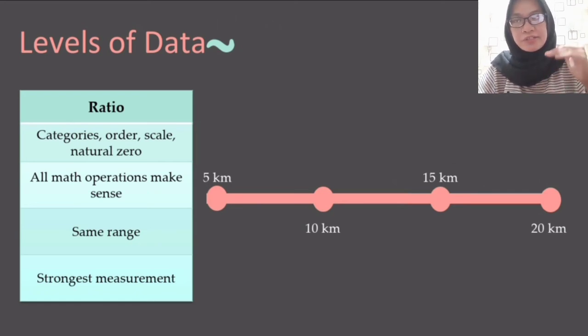And then it is the strongest measurement, because we can do all math operations on it, and it has more than 2 categories, order, scale, natural zero, and the same range.